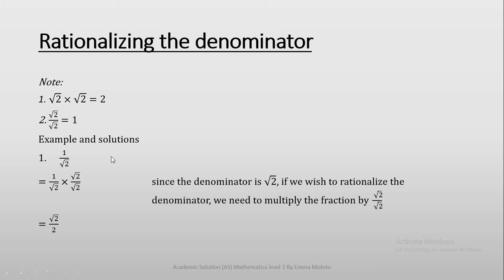So in this case, 1 multiplied by the square root of 2 is the square root of 2. The square root of 2 multiplied by the square root of 2 is 2. It goes back to this note. So make sure that you check these notes and understand them.